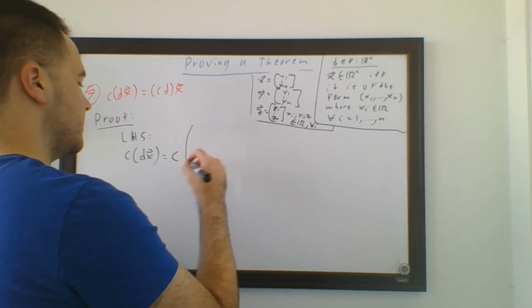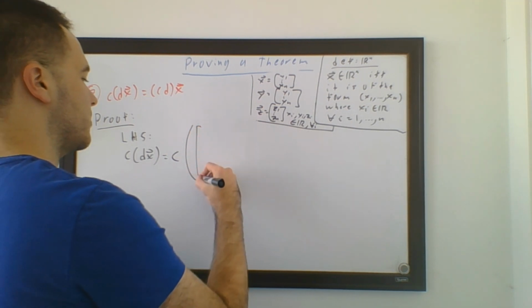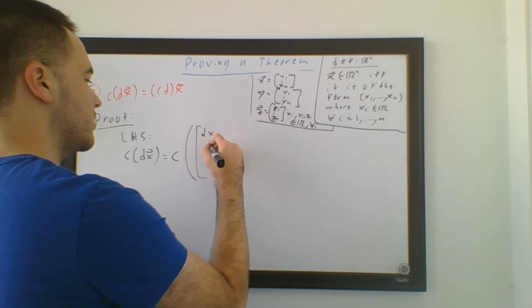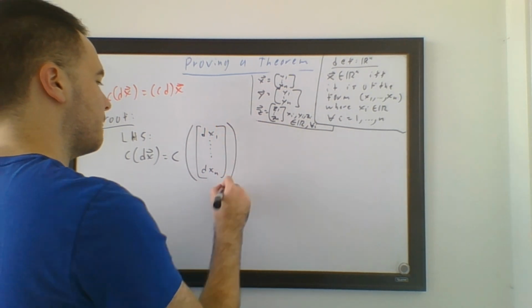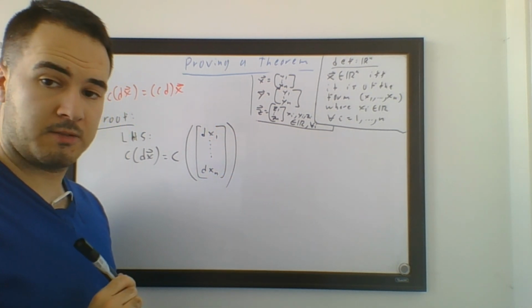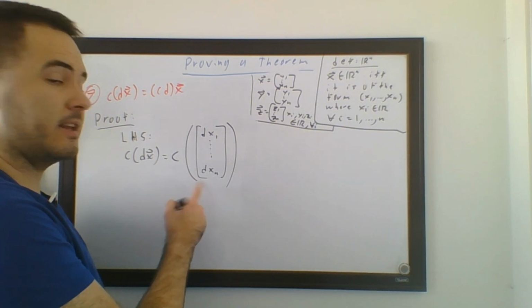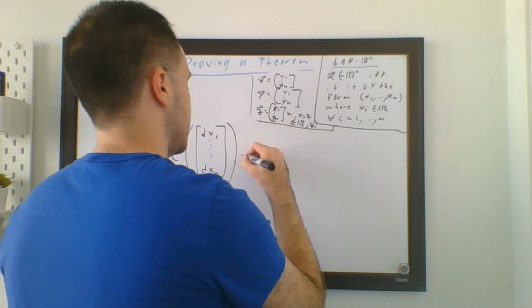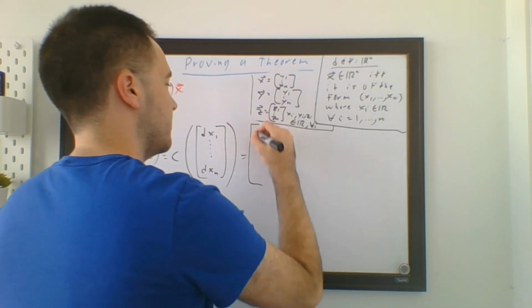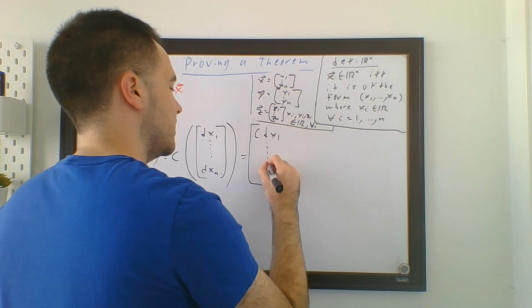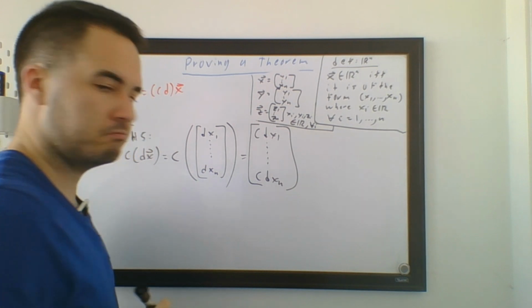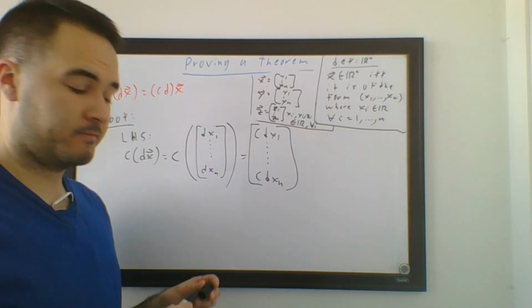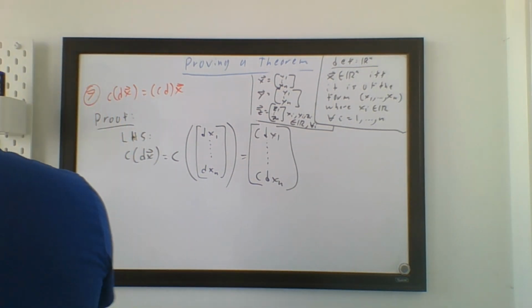So using our definition of scalar multiplication, we're going to take d and multiply it by each element within x. And then, using again the definition of scalar multiplication, we can take c and multiply it by each of the elements within dx. Great.